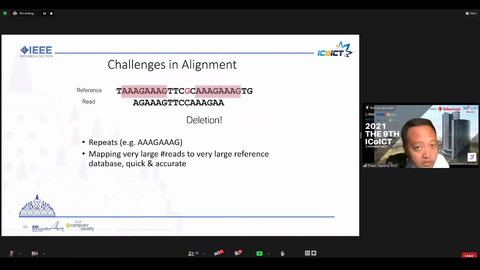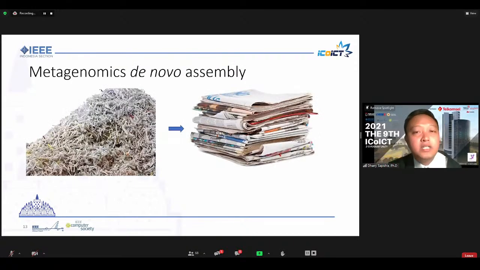And this is what we call metagenomics de novo assembly. So instead of taking samples from a culture, we just take the sample directly from DNA. And this is an example of the sequencing result.